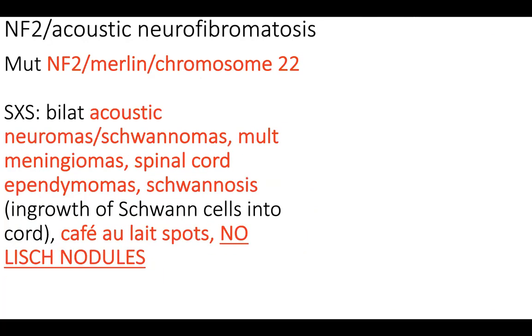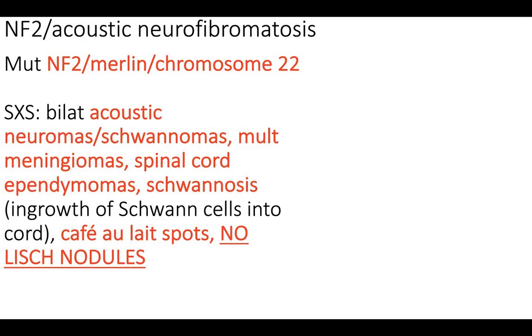NF2 is associated, I think, more with schwannomas and acoustic neuromas. Remember, acoustic neuromas go in the IAC, so they are usually wrapped around cranial nerve 8. So that affects hearing as well as vestibular function, like it could affect balance.